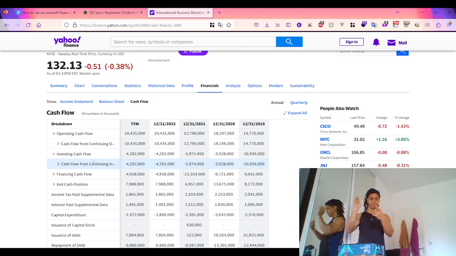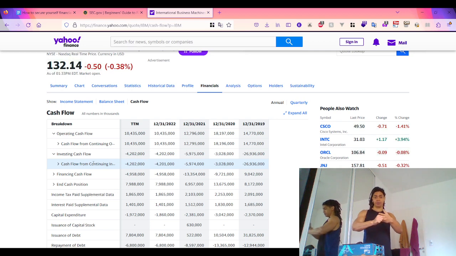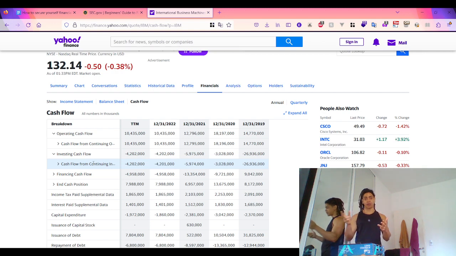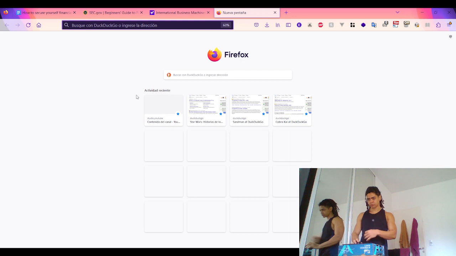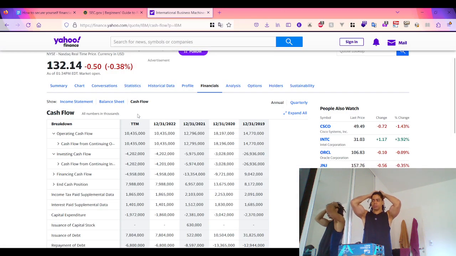Long-term assets can be property, plant, and equipment, investment in affiliates, or investments, intangible assets, patents, goodwill, copyrights, trademarks, trade secrets, and leasehold installments.